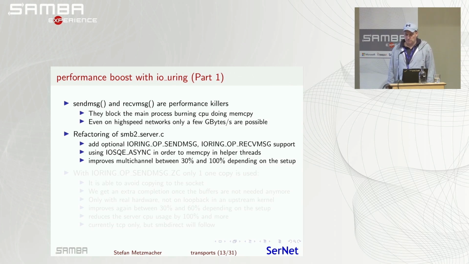So in the first experiments I did a few years ago, we got from 3 gigabytes per second to 7, and in newer situations we get from 7 to 10 or so. So it also depends on the hardware.